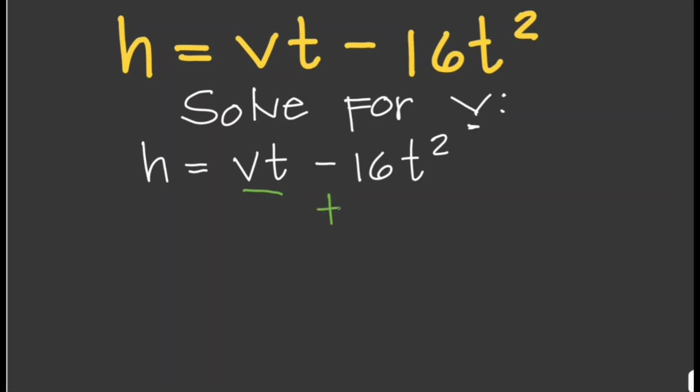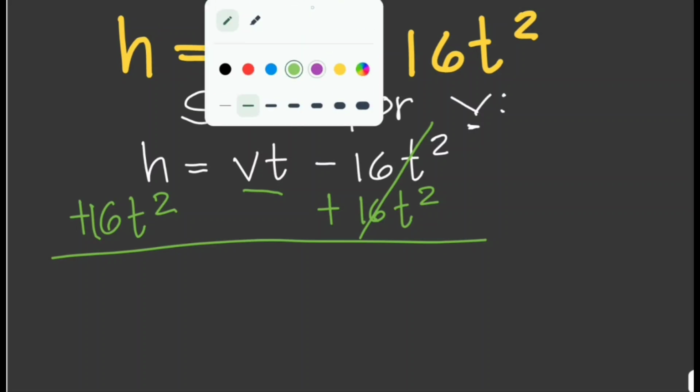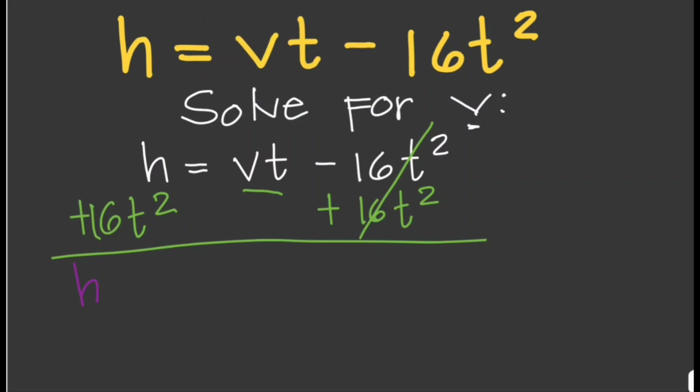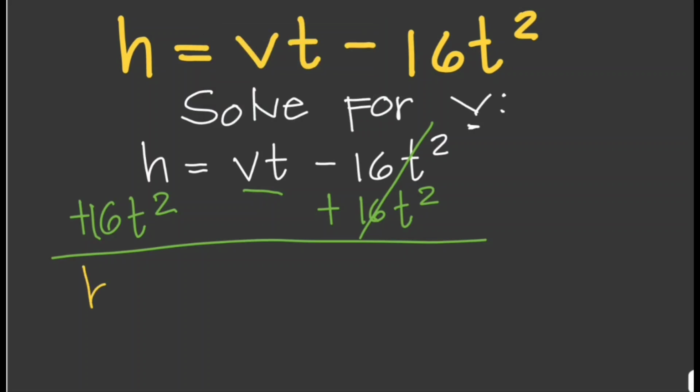So we just have to add 16t squared to both sides. This would eliminate that term, and then we're left with h plus 16t squared equals vt.